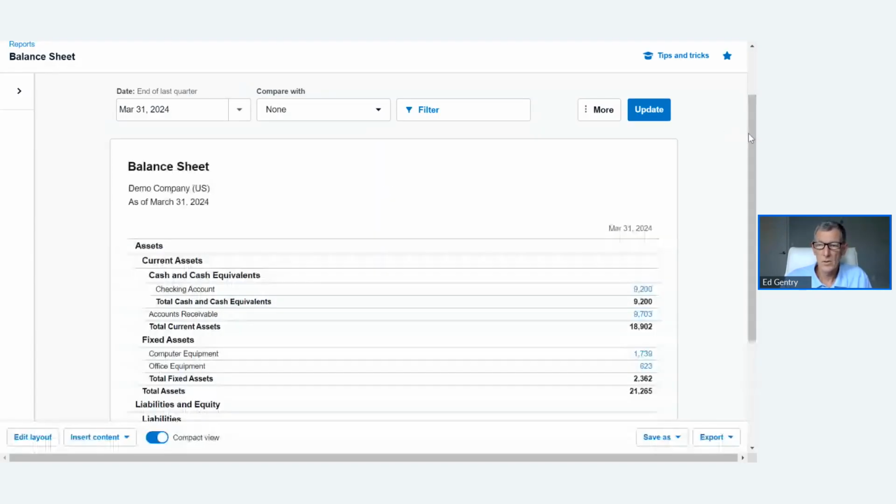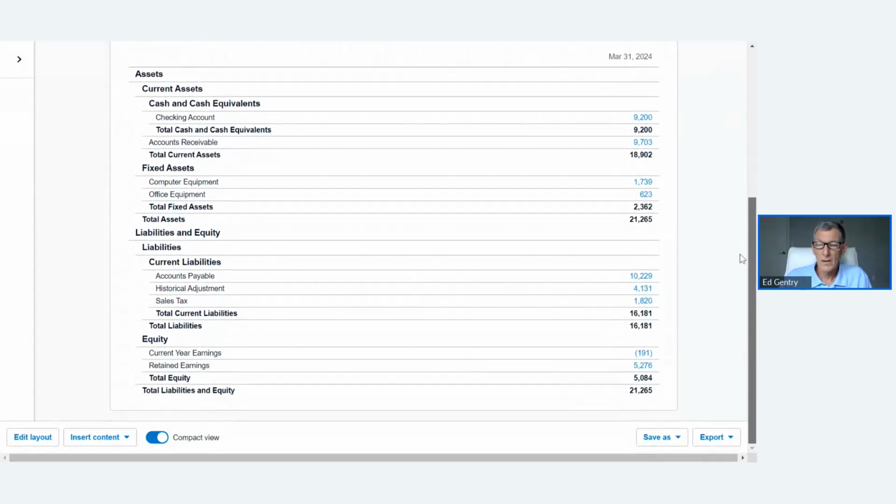and continue on. So we've taken that number, the current earnings, which is negative 191, and that leaves retained earnings of $5,276. So retained earnings would be earnings that have accumulated over previous periods, and you've retained those earnings.